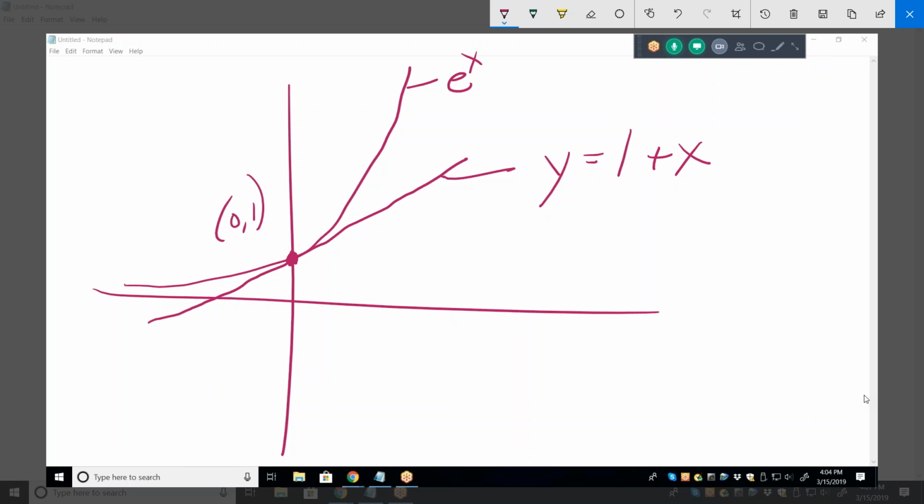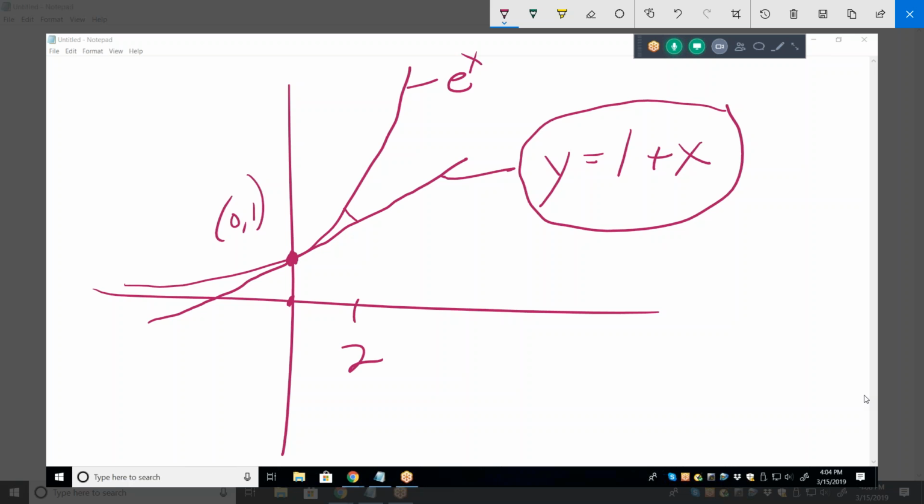So the y-intercept on my straight line is 1, and the slope is 1. So this is a reasonable approximation as long as we are very close to 0. If I go out here to x equals 2, well, now all of a sudden I'm a long ways away from that, right? Not such a good approximation.